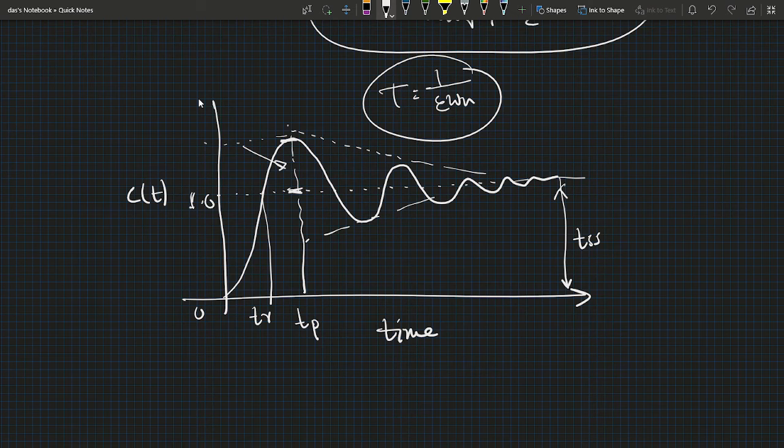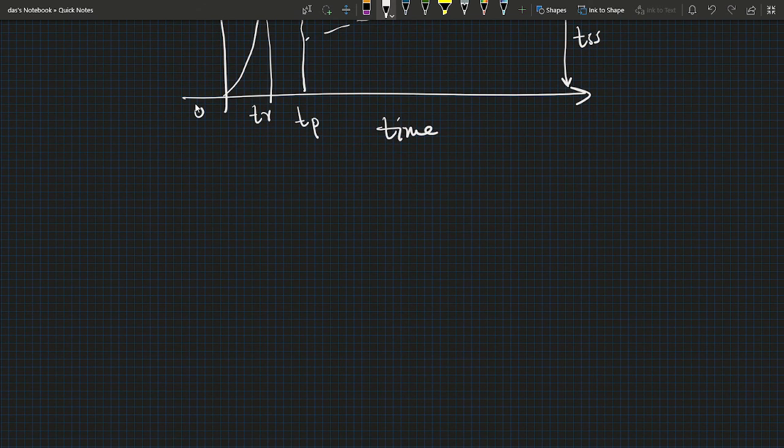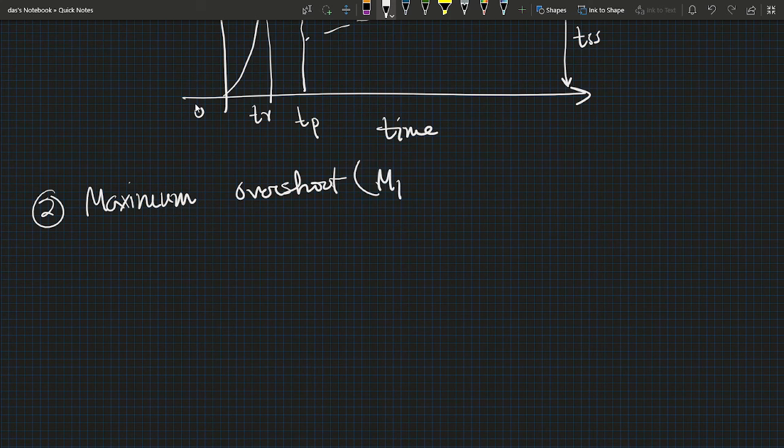Now we discuss our second parameter, which is also very important to analyze the behavior of the second order system, known as maximum overshoot. This is denoted by Mp.